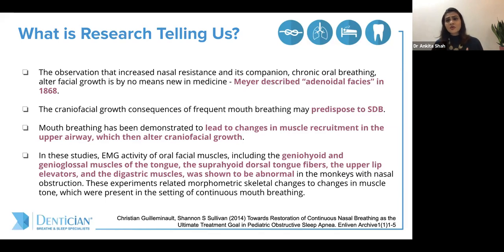And this muscle tone is also going to worsen the craniofacial growth. So there was also a lot of study done on the EMG activity of the muscles. Again in monkeys, they induced nasal resistance and studied the muscle activity. And what they realized was there was a very poor and abnormal muscle tone whenever there was a nasal resistance. So it is very important for our children to learn to use these muscles correctly.